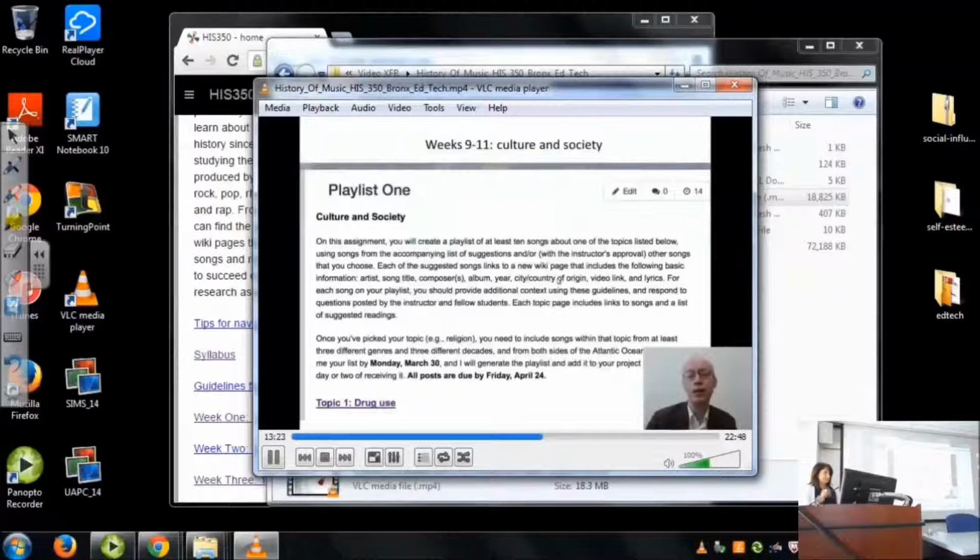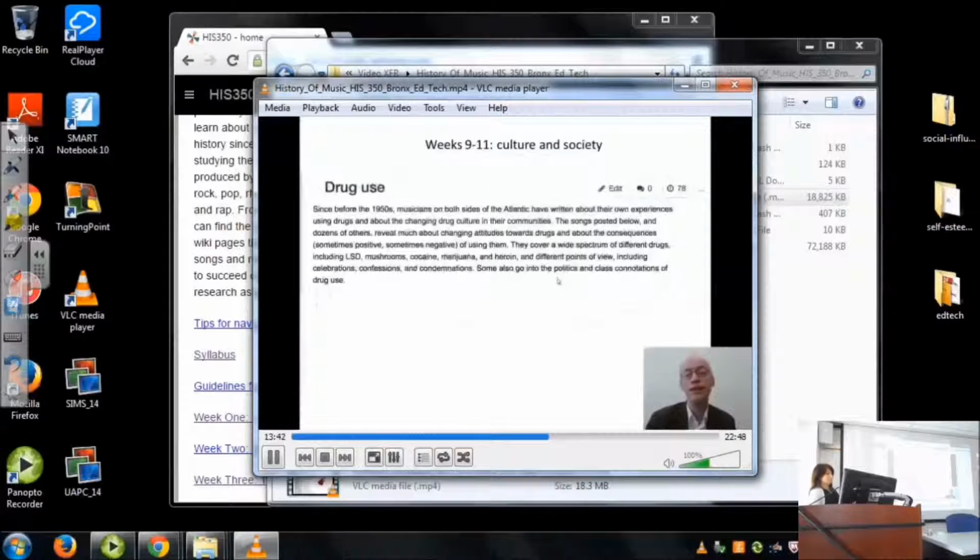Well, what I essentially do is I tell the students what to do, basically picking 10 songs about one of the topics. Each of the songs links to a wiki page, which is very much like what they learned to do in the first half of the course. And once they pick their songs, they essentially give me the songs. I build playlists for them on individualized team pages.